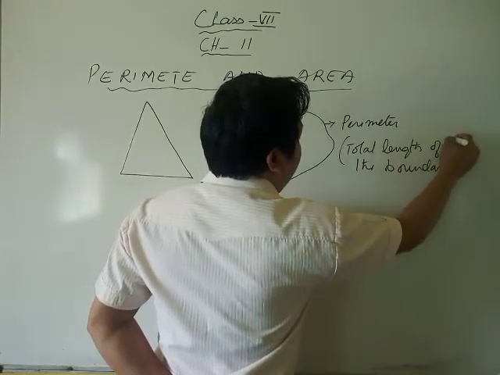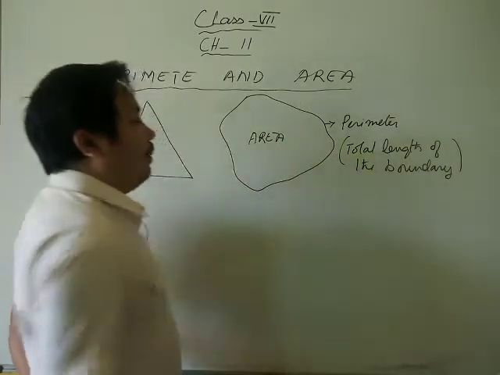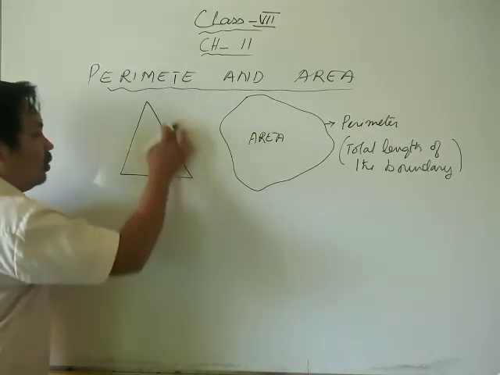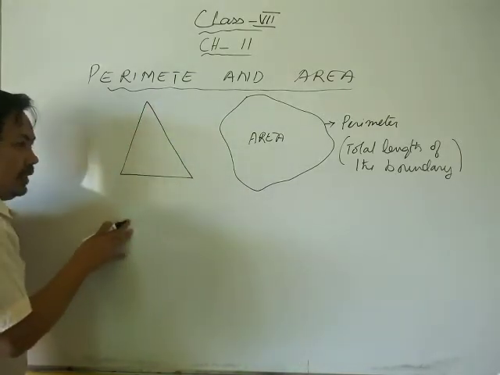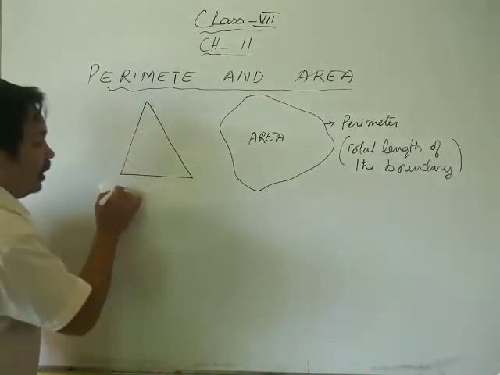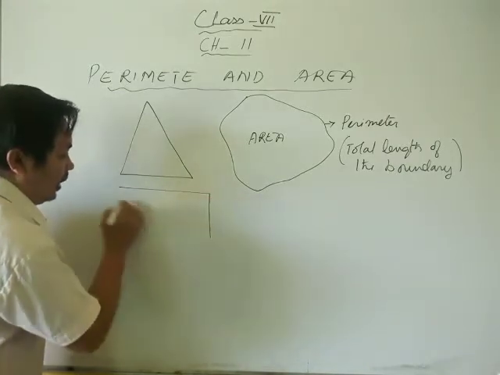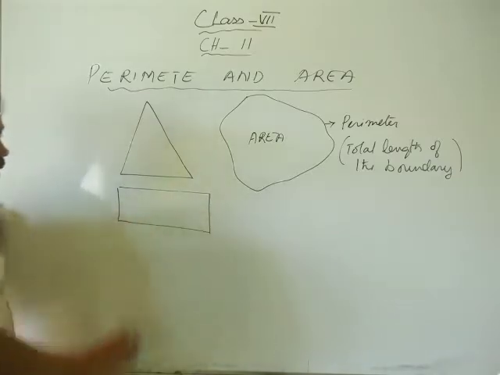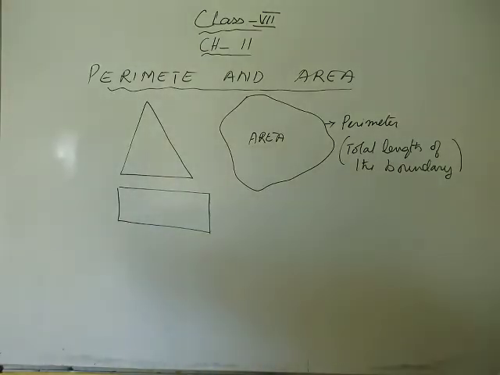The total length of the boundary line is called perimeter. So here also, the total length of all three sides of the triangle is called its perimeter. We have a rectangle here, and you can see that four lines are there, so four sides are there. The total length of the four sides is called its perimeter.